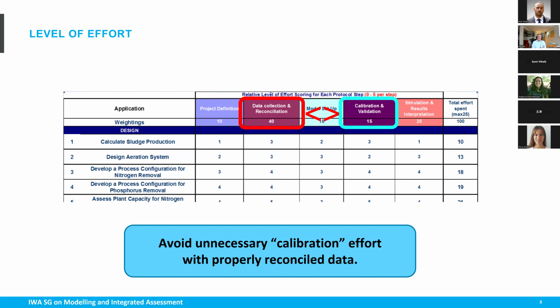So what that means is, if you spend more time on getting your data right, understanding your data, reconciling your data, then the calibration validation is actually a minor effort in the overall process. Yeah, so good data, sufficiently dynamic data, that is more important than tweaking a little bit with your model performance.